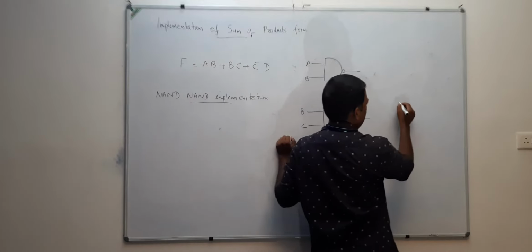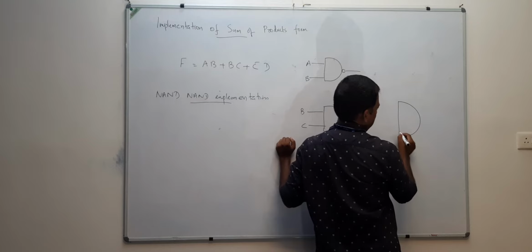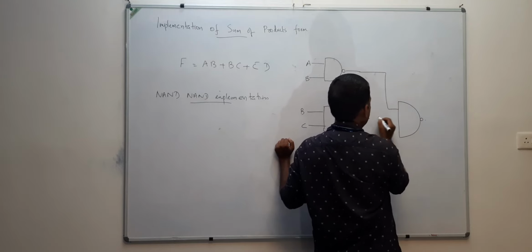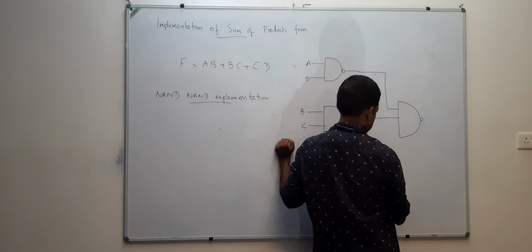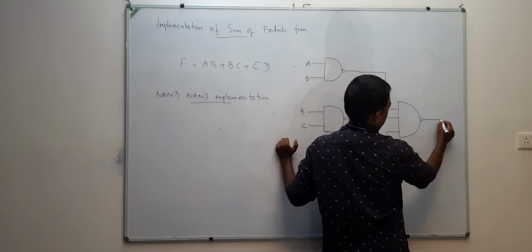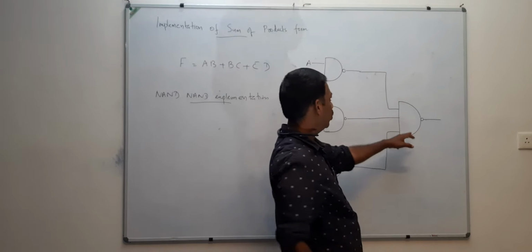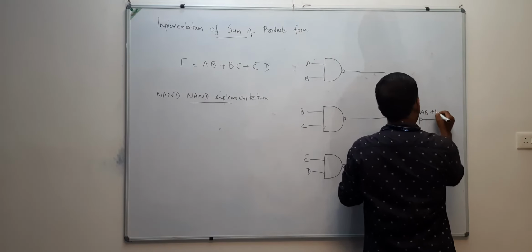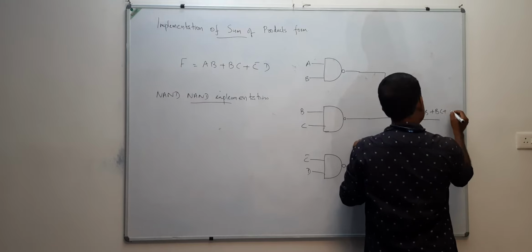Then we have another NAND gate here, and these are given as inputs to the NAND gate. This is the output, and the output will be AB plus BC plus C bar D.